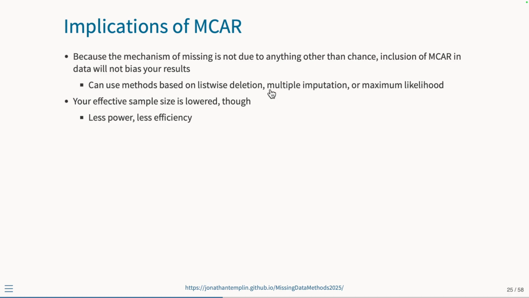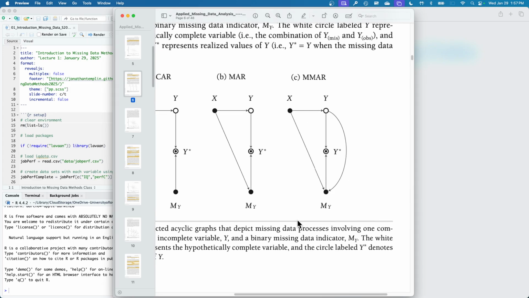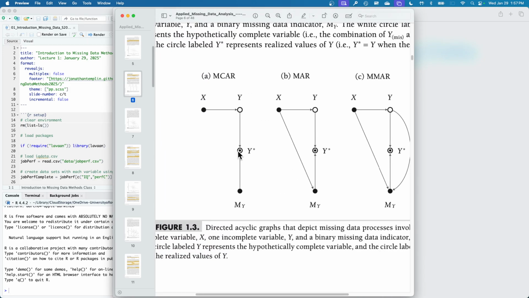I didn't talk about this in the lecture, but I wanted to show you these path diagrams, the directed acyclic graphs. I found these to be a little hard to understand. So y star here is y observed. Y is the incomplete data, and M is the missing indicator.